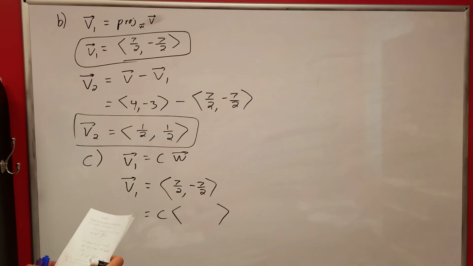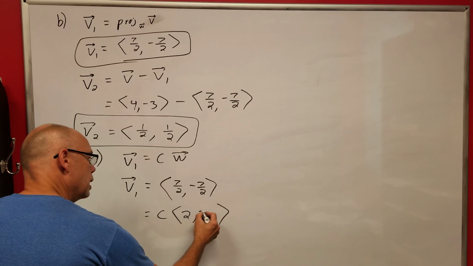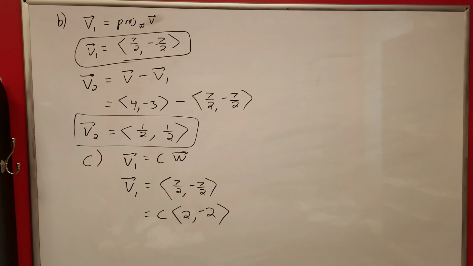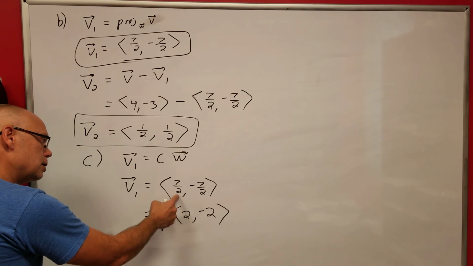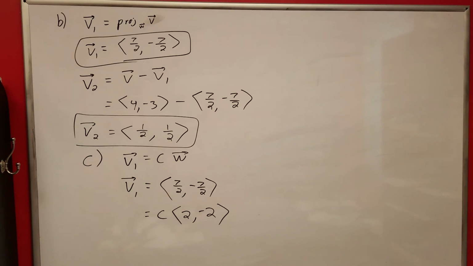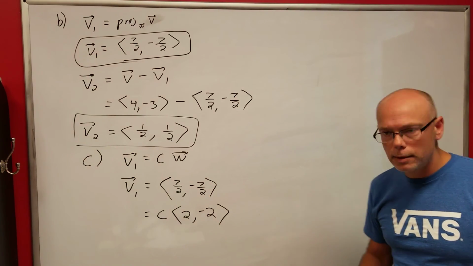Oh, I can't wait to get back in the classroom. So what was vector W? Vector W was 2 comma negative 2. So can I find some value of C such that when I multiply by 2, I get 7 halves, and when I multiply C by negative 2, I get negative 7 halves?